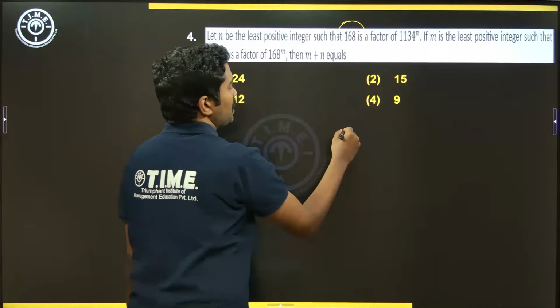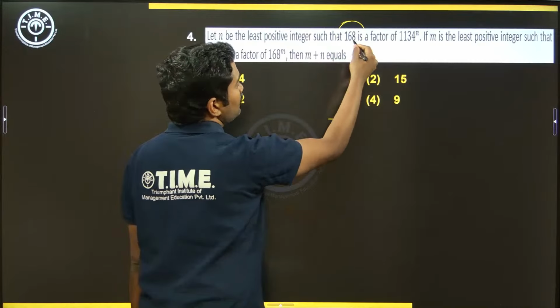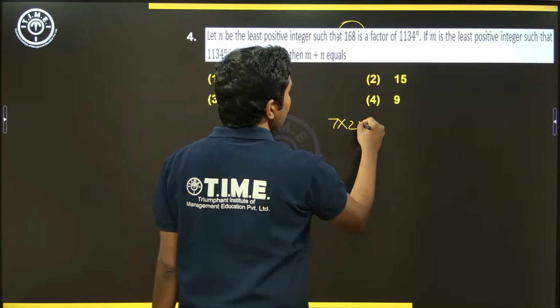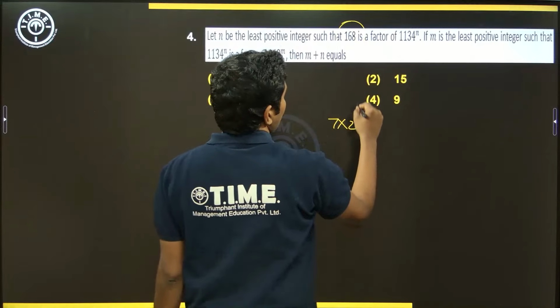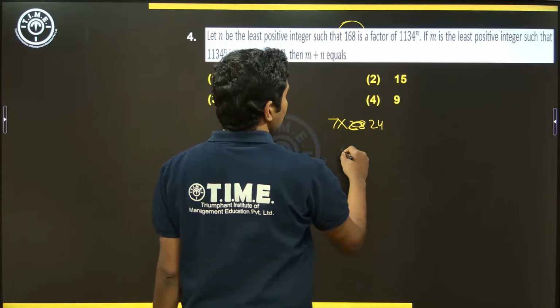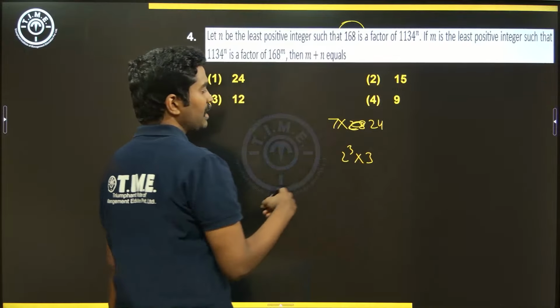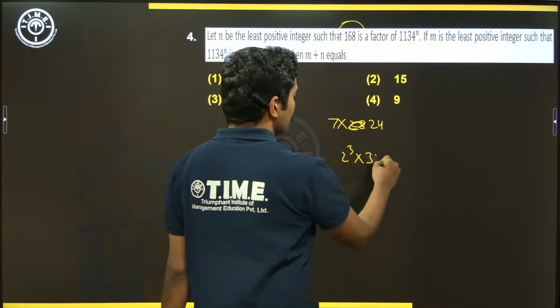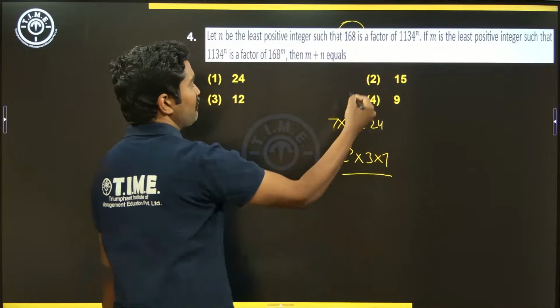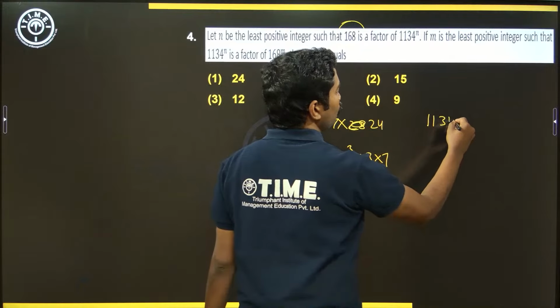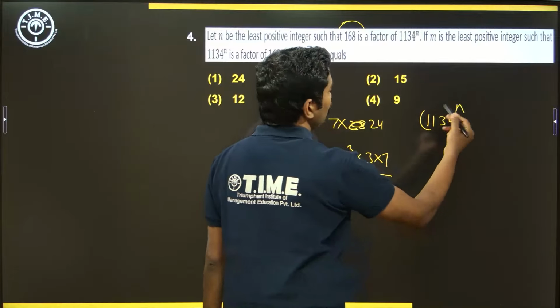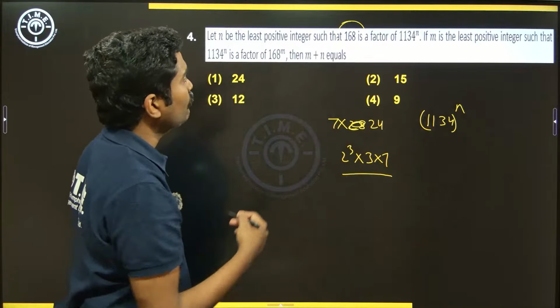First of all, 168 is 7 into 24, and 24 is 2 cube into 3. So 168 is 2 cube into 3 into 7. This is a factor of 1134 whole power n. I don't know n, but this is a factor.